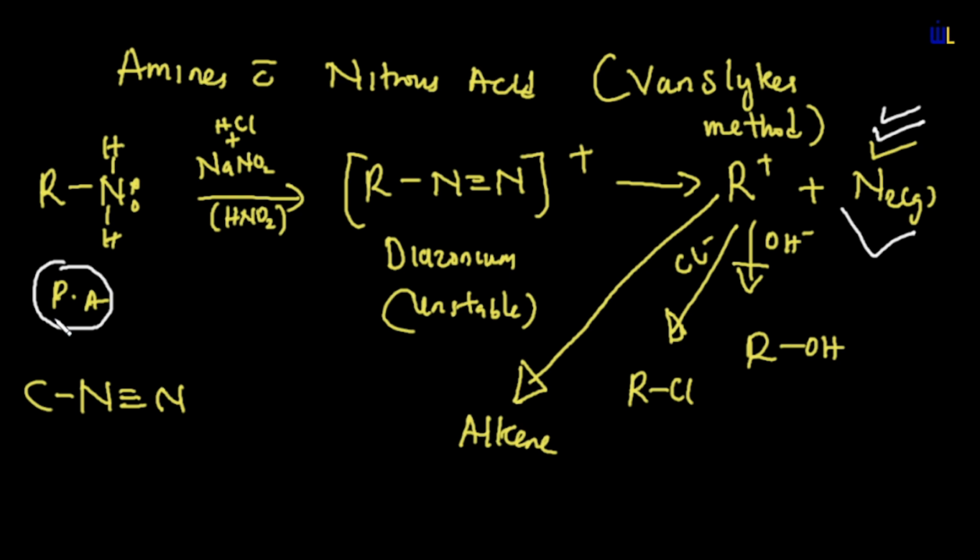Okay, so let's see what happens in the case of a secondary amine. Now, for your secondary amines, when they react with the nitrous acid, you have a different product. As we know, the secondary amine is basically nitrogen attached to two alkyl groups and one hydrogen. When it reacts with your nitrous acid, basically what happens is that a molecule of water is removed from the mixture, and then you have a product known as the N-nitrosoamine.